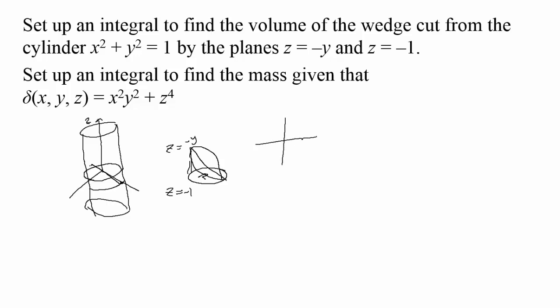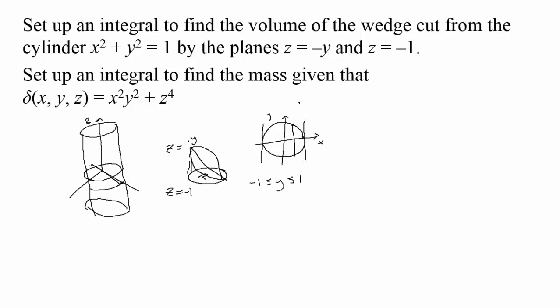Well, looking down on the region, this is just a problem from when we did planar 2D integrals. If you freeze z at negative 1, it was a cylinder of radius 1, so you just see a circle of radius 1. And I could set that up this way. I could say y is going to go between negative 1 and 1, and then the x value is going to go from the bottom of the circle to the top of the circle.